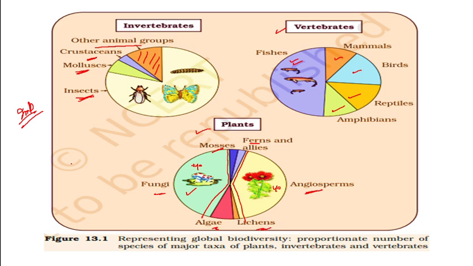So this particular chart should be on your tips. It represents the global biodiversity, the proportionate number of species of the major taxa of plants, invertebrates and vertebrates.